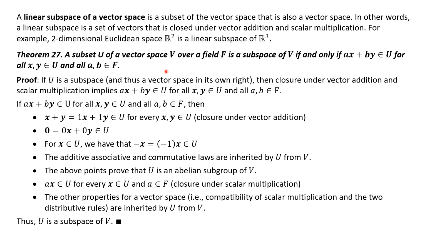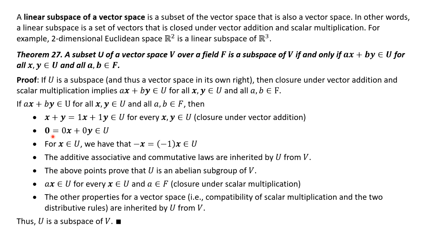Going in the other direction, we need to check the different axioms. So we're given that ax plus by is an element of U for all vectors x, y in U, and scalars a, b in F. So we can write x plus y is 1 times x plus 1 times y, just getting it in this form here. And so that would give us closure for vector addition.